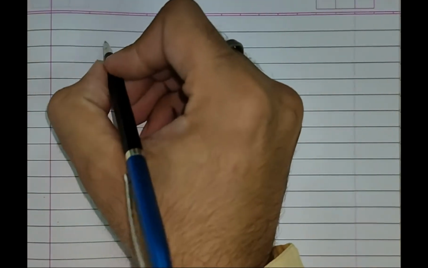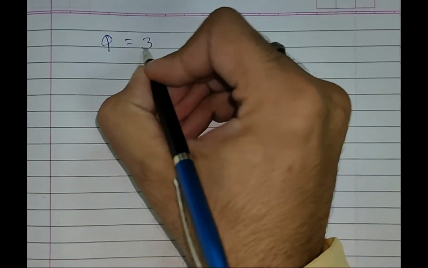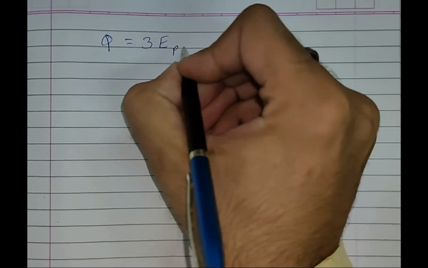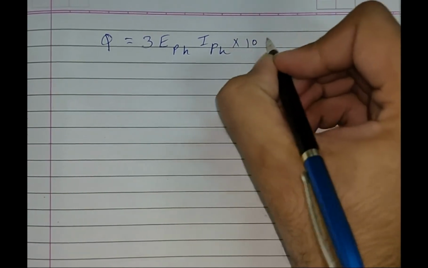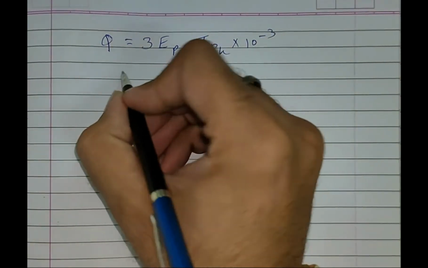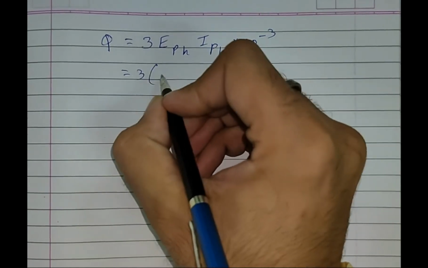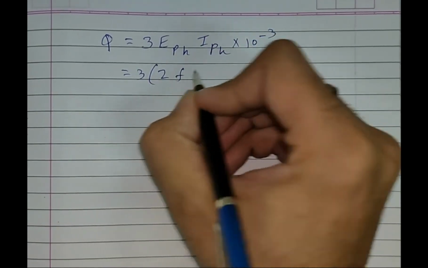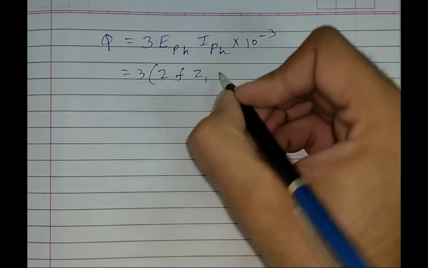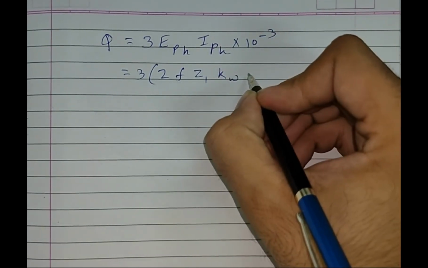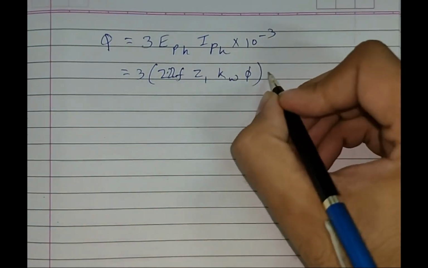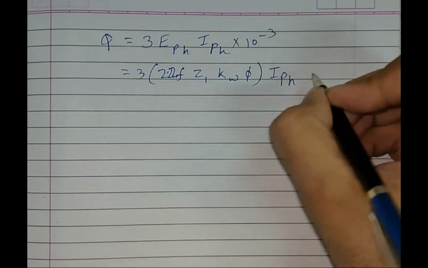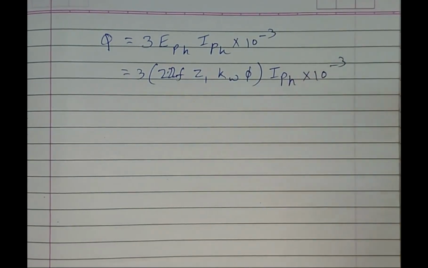Now, as we had seen earlier, the output equation Q is given by 3 into EPH into IPH into 10 raised to minus 3, and we have seen that EPH is given by 2.22 into F into Z1 into KW into phi. Again, the IPH and 10 raised to minus 3 remain as they are.